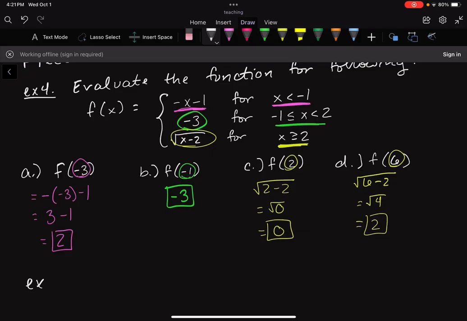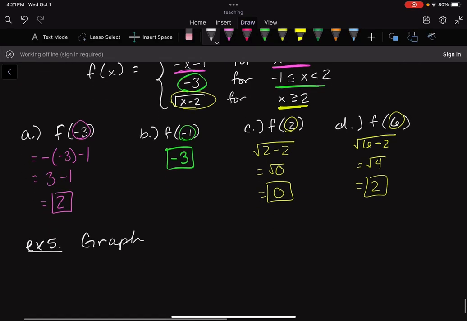Next, let's look at graphing piecewise functions. So I'll just say graph, and we'll do a few of these.